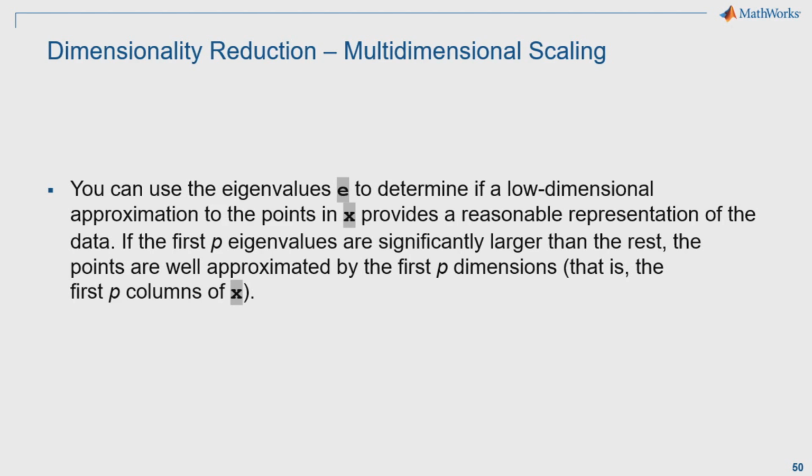And by cropping the columns of X, you can provide a reasonable representation of the dataset with a fewer number of dimensions. So if the first P values of E are significantly larger than the rest, you can just take the first P columns of X, which are descriptive enough for your dataset.